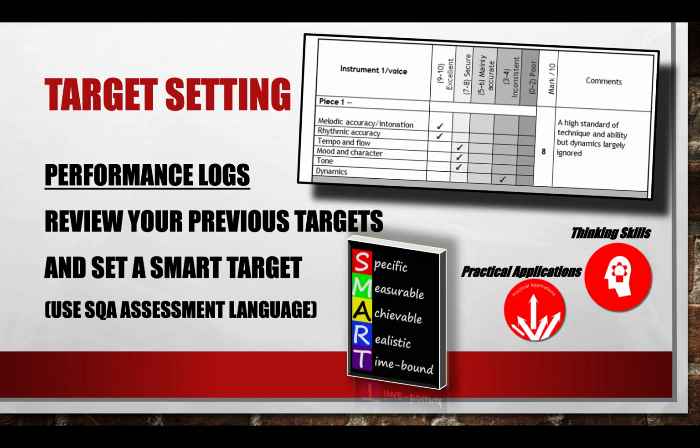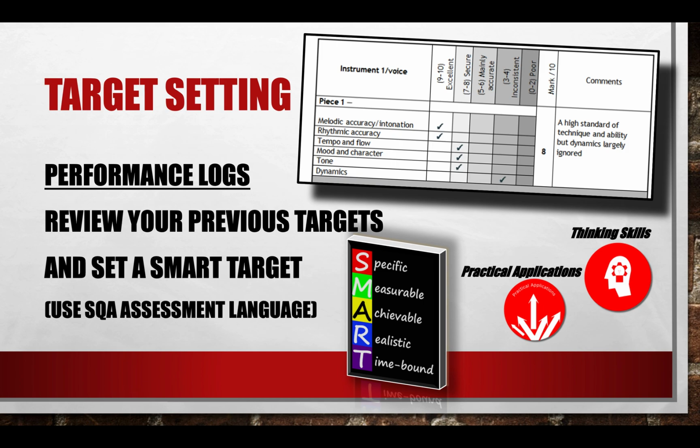As you go through the course, you're going to be setting targets for yourself for your performing using performance logs. When you fill in these performance logs, you should use SQA assessment language. So all the things that have been mentioned in here about mood and character and melodic accuracy and all those 6 elements that you'll be marked on, you should be using these when you're setting your targets.